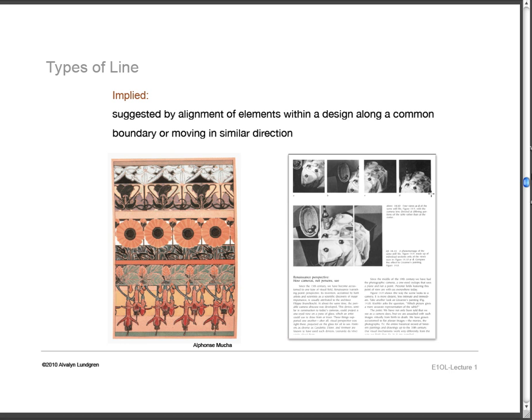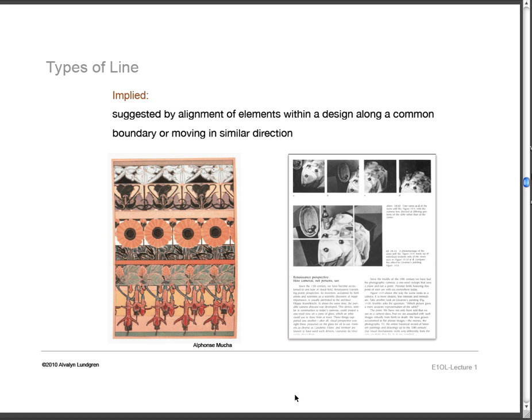Over here there is an implication of line because of a margin or boundary between the active elements and then the edge of the design area or the frame of reference. There's an implied line here, goes down. There's an implied line here. Notice how the top of the photographs line up with the top of the text box, and the bottom of this text box lines up with the bottom of the photographs here.